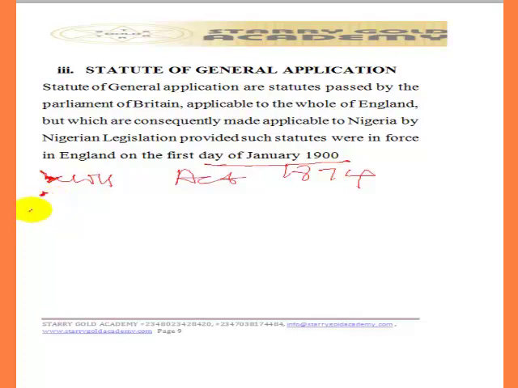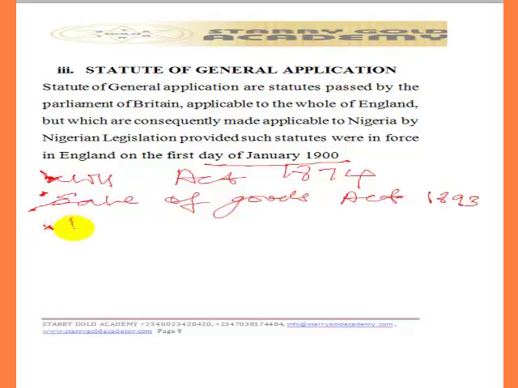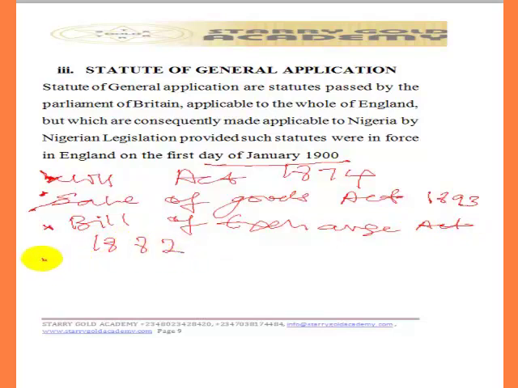We have the Sale of Goods Act 1893. And we have the Bill of Exchange Act 1882. And we have the Partnership Act 1890.